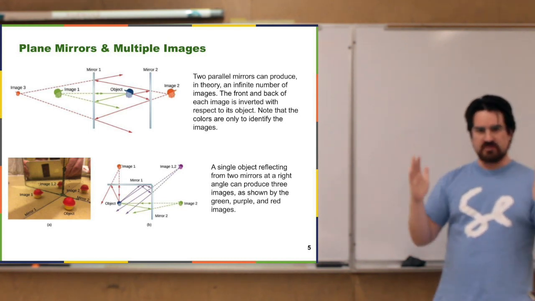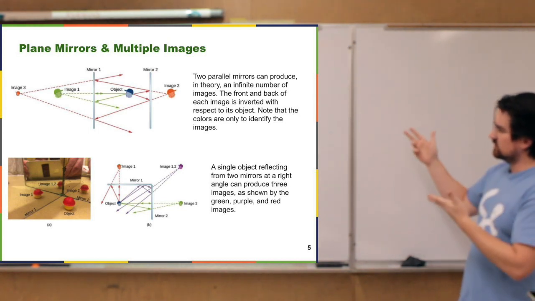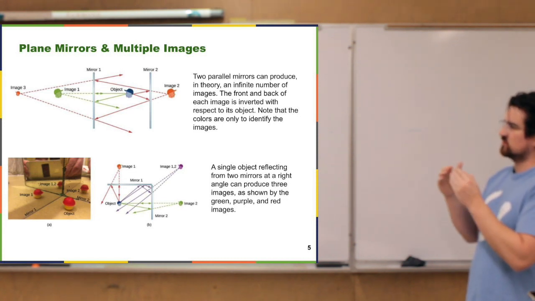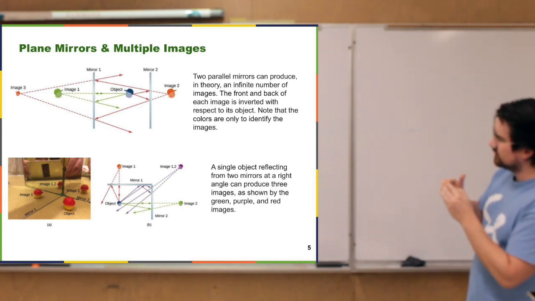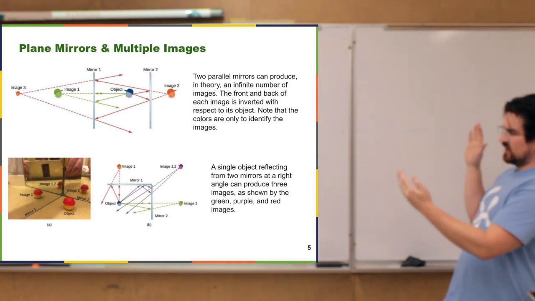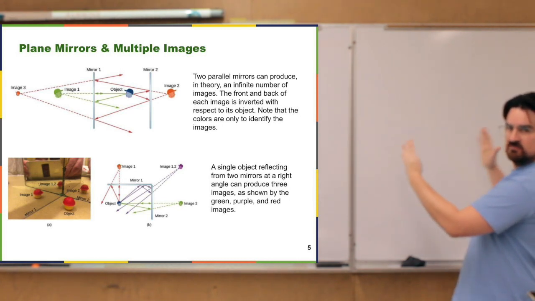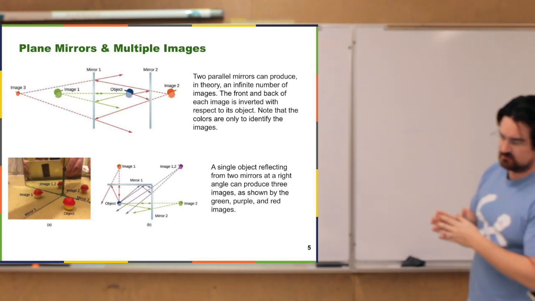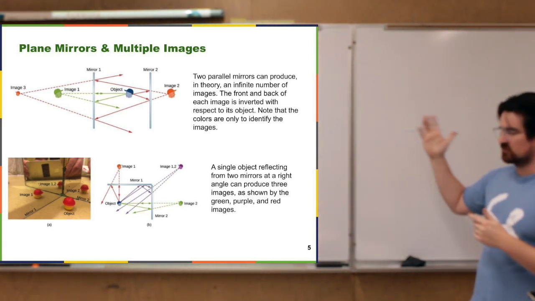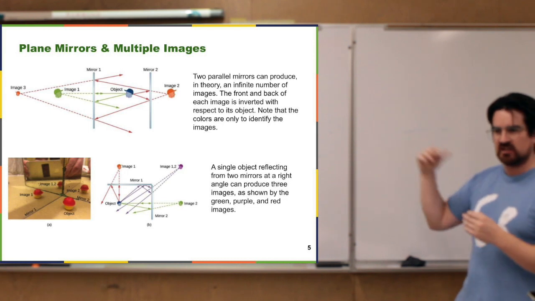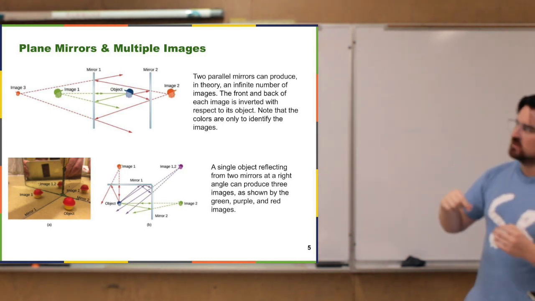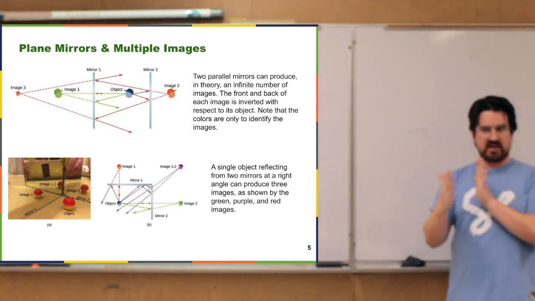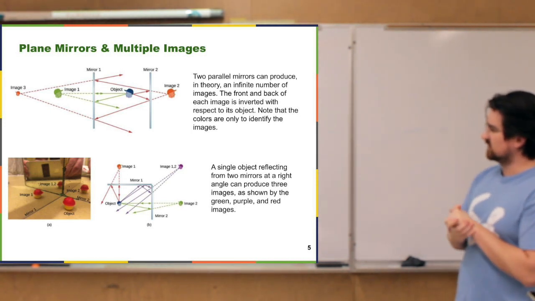If you have two parallel plane mirrors, due to the reflections happening and the virtual images being formed, you can end up having infinite images formed. And in this figure and its description, it points to the answer to the question I posed in the last chapter, that flat mirrors are actually inverting front to back, not left to right.